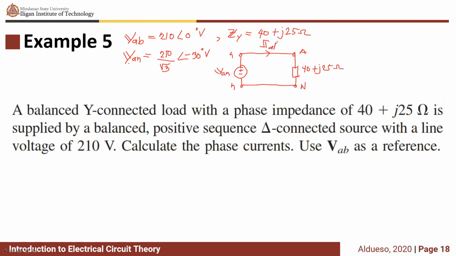So solving for IAA, IAA is equivalent to VAN over 40 plus J25, which is equivalent to 2.37 angle of negative 62.00 degrees amperes. This is IAA.